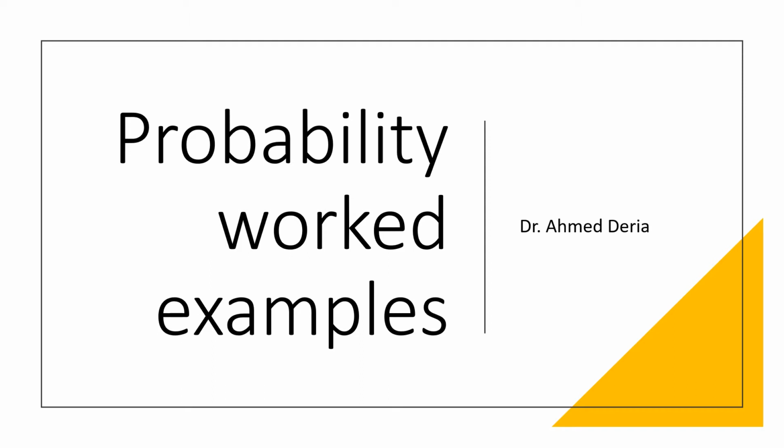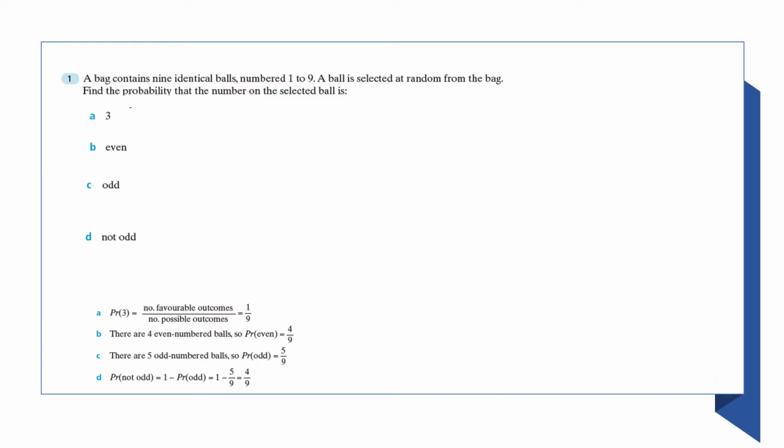In this episode, we're going to try and solve some examples using the basic principles and the rules that we learned in the last episode. So we're going to look at this example here. The question says, a bag contains 9 identical balls.